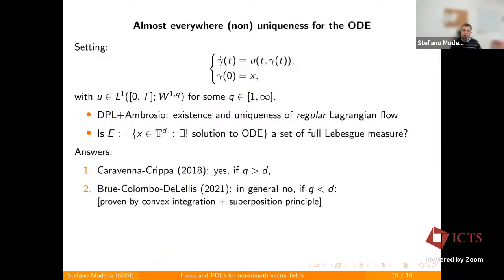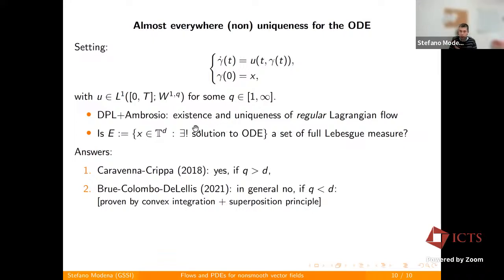In what sense? They showed in this paper by convex integration that there is non-uniqueness in the class of positive densities. Now, positive densities, by the Ambrosio superposition principle, are superposition solutions, but the non-uniqueness in the class of superposition solutions for the PDE, we have seen, means that the set where you have existence and uniqueness cannot be a full Lebesgue measure set.